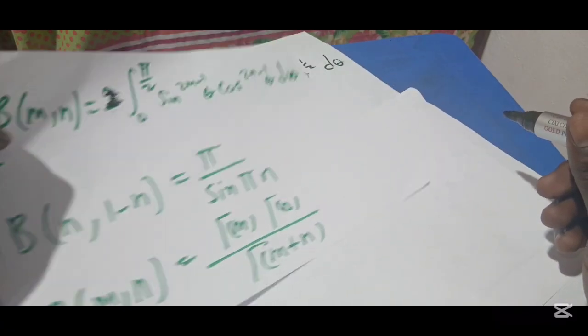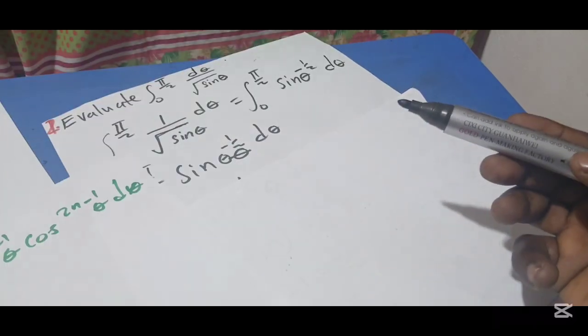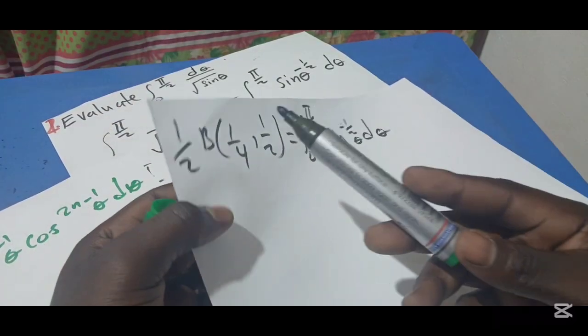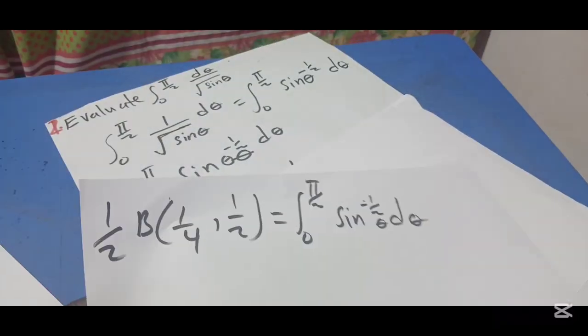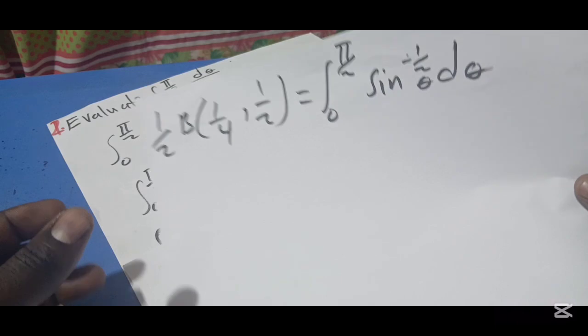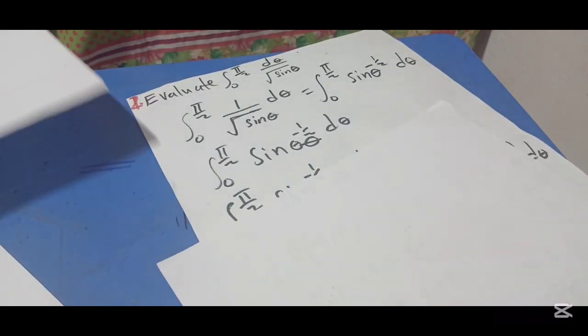And yes, we are going to use this expression to evaluate beta of 1 on 4, 1 on 2. I don't want to write this down; I want us to continue with this later.